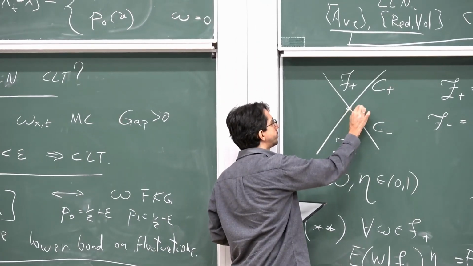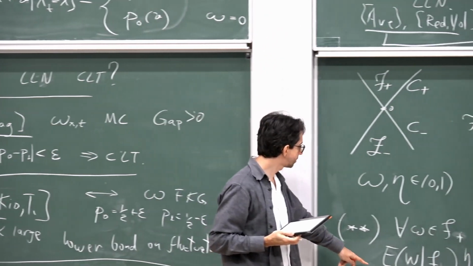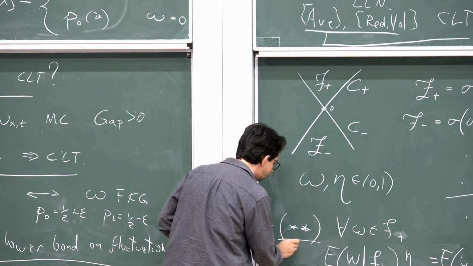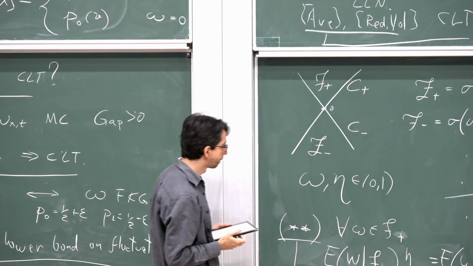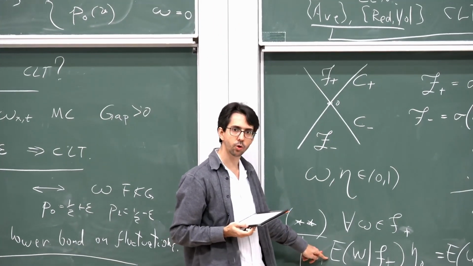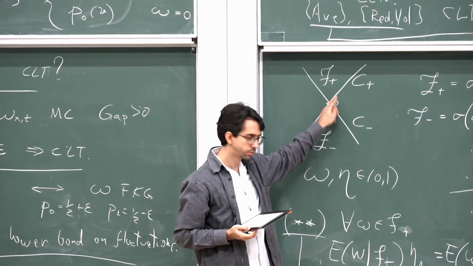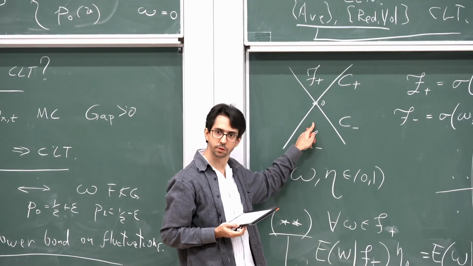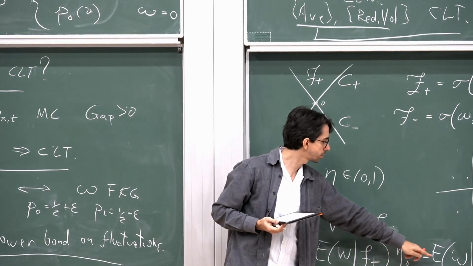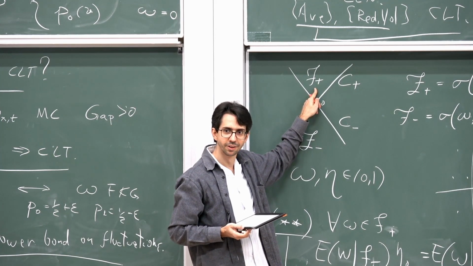So here I'm centered at 0. Everything is translation invariant. So what this condition actually means is a kind of a Markov condition. The expectation of the future conditioned on the past is equal to the expectation of the future, period.